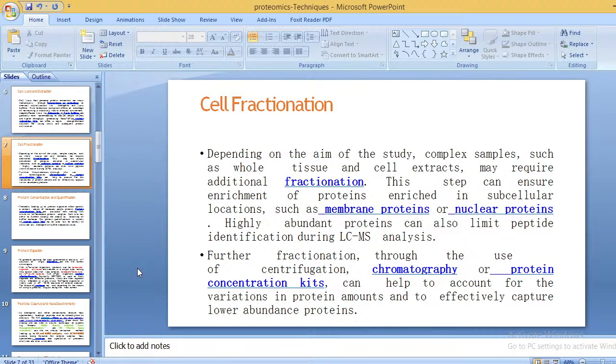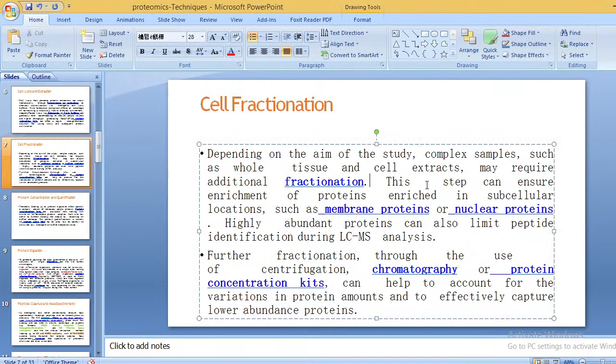Next point is cell fractionation. How we will fractionate the proteins depends on the aim of the study. Complex samples such as whole tissue and cell extracts may require additional fractionation. This step can ensure enrichment of proteins in subcellular locations such as membrane proteins or nuclear proteins.